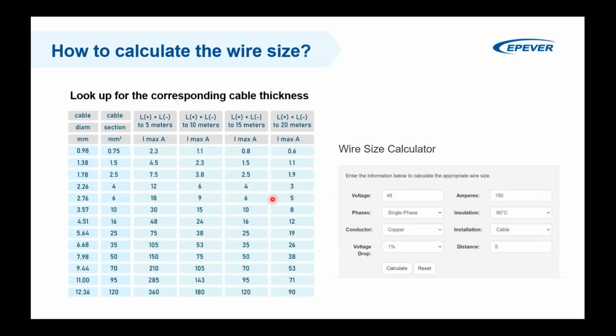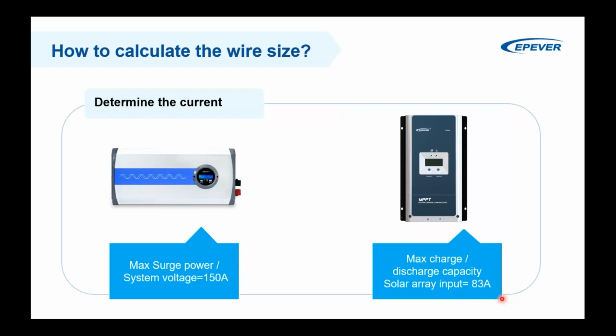So if we want to be quick and short, there is a thumb rule for that. If you divide the amp capacity by 3, then you will get a number which is the thickness of the cable in square millimeters.